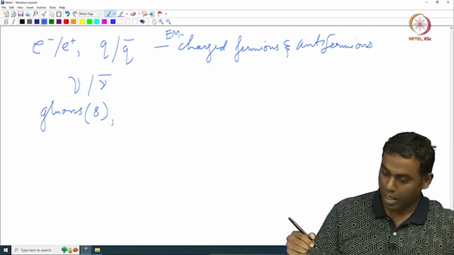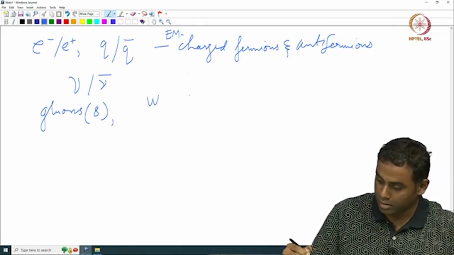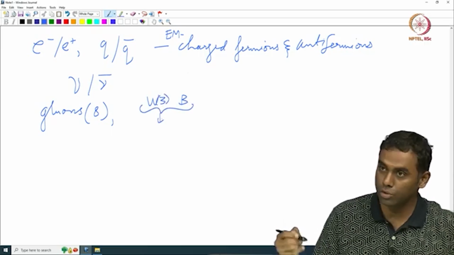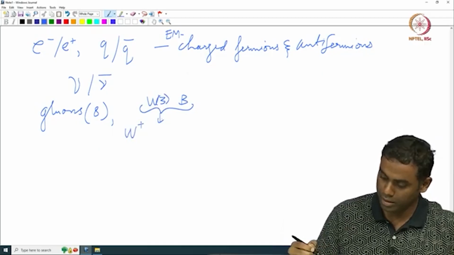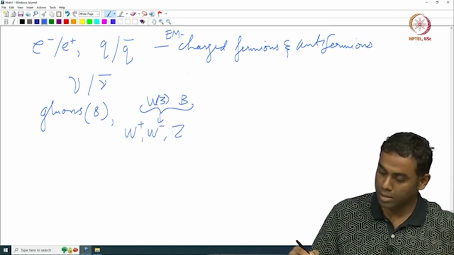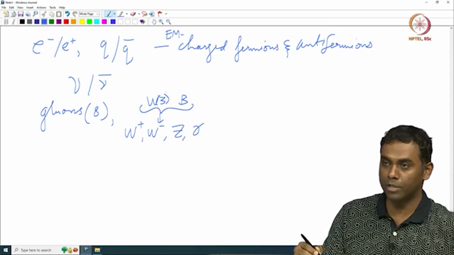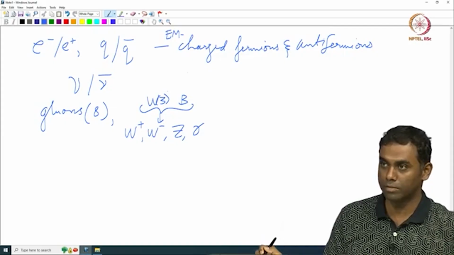And we had the W's and the B, 3 W's and B. Those would now turn into basically a W plus, W minus, a Z boson and the photon. 4 degrees of freedom up there become the 4 degrees of freedom down here.